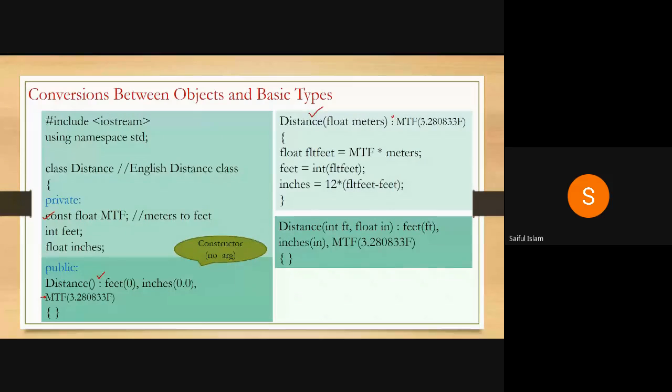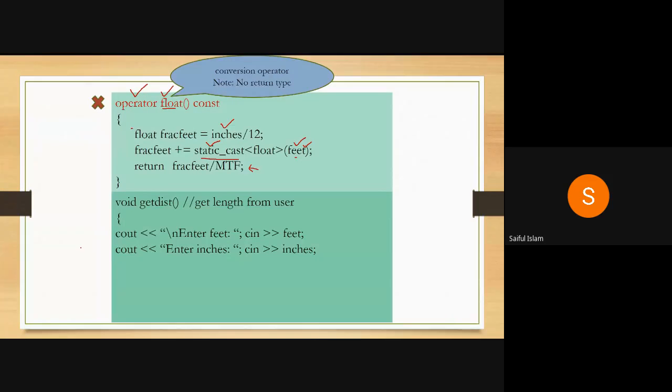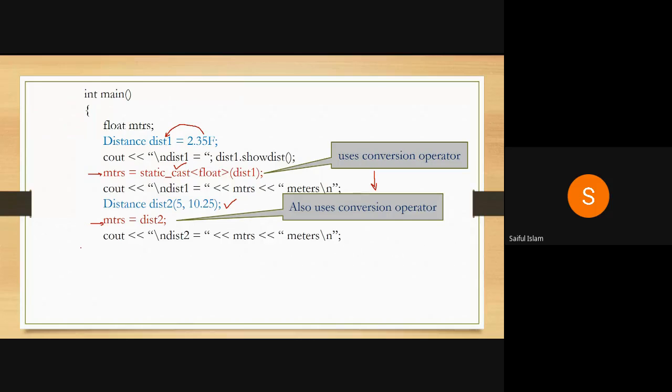So in this statement, the compiler will convert meter into an object using the one argument constructor that we have provided.